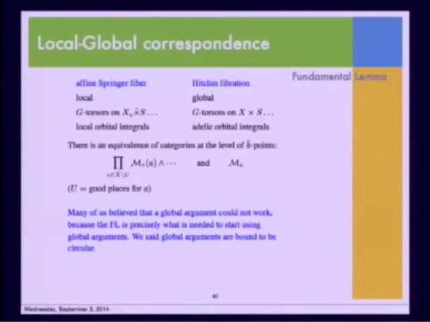So local to global correspondence, I've talked about this a little bit already, but you've got the affine Springer fibers locally, and if you look at their descriptions in terms of torsors and stacks, there's an analogy between how to describe these two objects, and in fact Ngô proves an identity, an equivalence of categories, that you can take a product on the left-hand side and relate it precisely to something on the right-hand side.